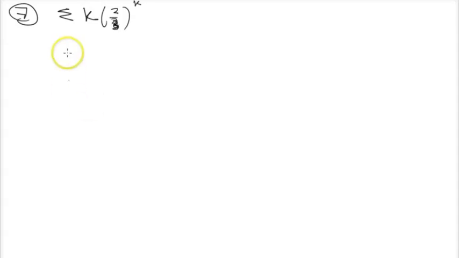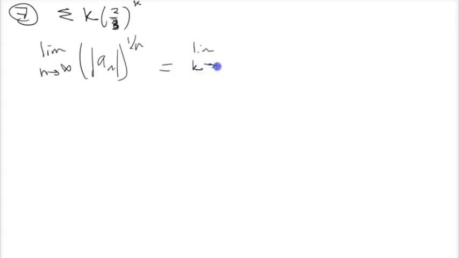Remember, the root test says we need to find the limit as n approaches infinity of the absolute value of the series term to the 1 over n. In this case, we're using k, so we get the limit as k approaches infinity, and this is always positive so we don't need the absolute value, of k times 2/3 to the k, all to the 1 over k.